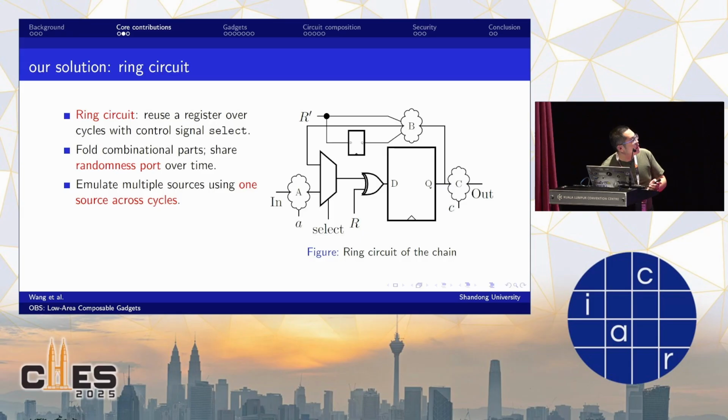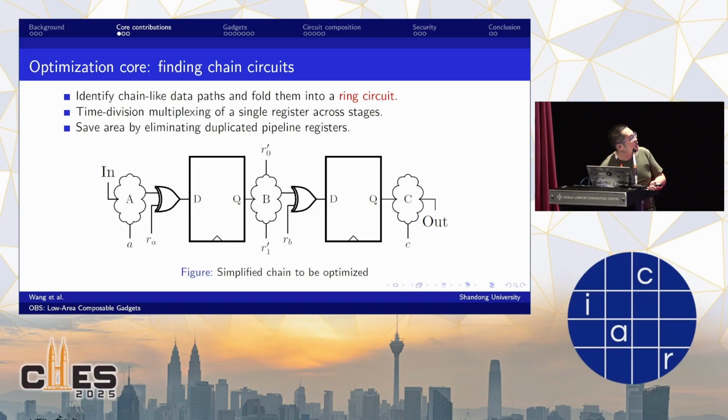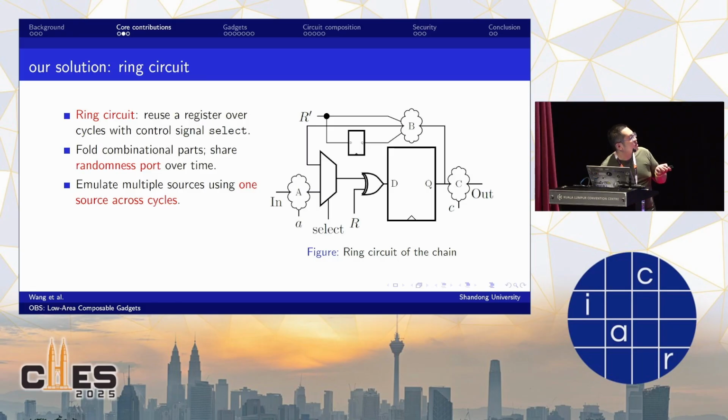In this circuit, the data path is as follows: the old one from A masked with R this cycle is stored into the register, and the next cycle the data path goes to B and is combined with another randomness, R prime 0 and R prime 1.